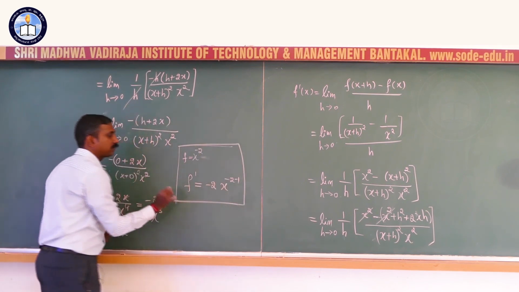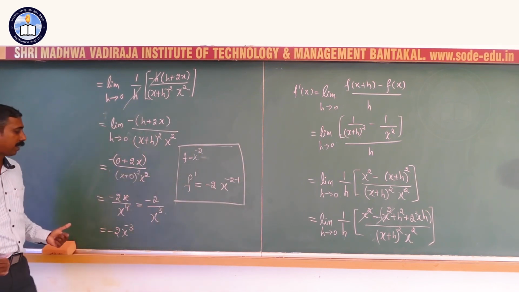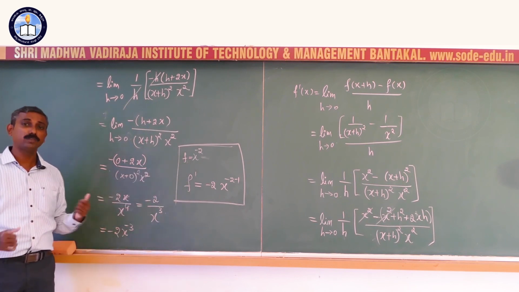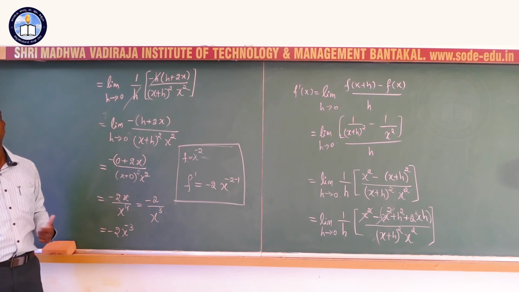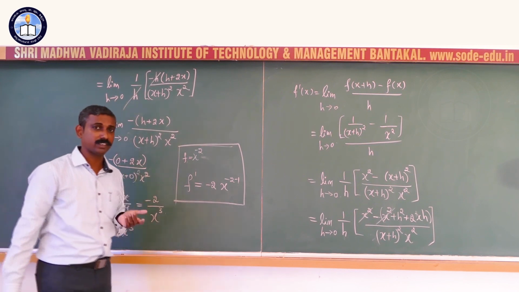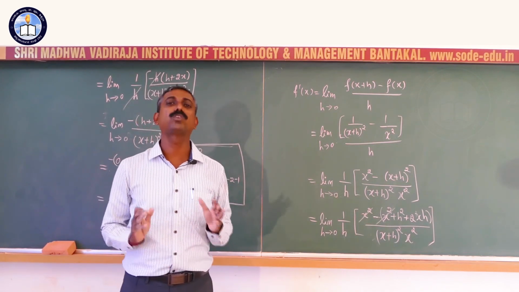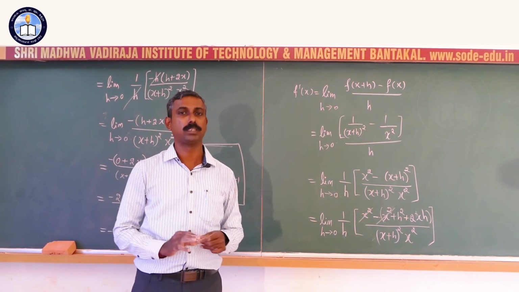So, what we can see from this? We can see that f of x is equal to x to the power n holds good for even negative numbers also. In particular, for f of x equal to x power n, the derivative n into x power n minus 1 holds good for all real numbers.